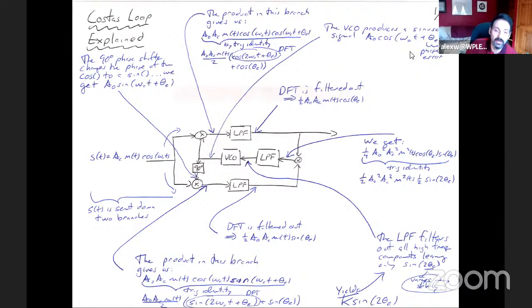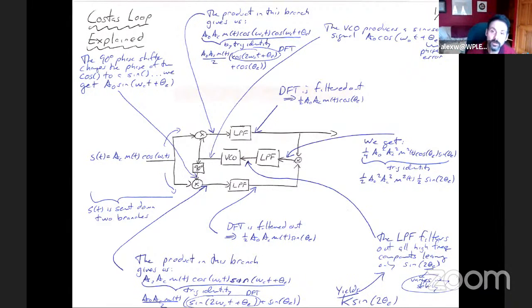So what we end up getting there at the output is a sine of the phase difference. Now, we take the cosine theta e and the sine theta e and multiply them together. That's actually the interesting part.